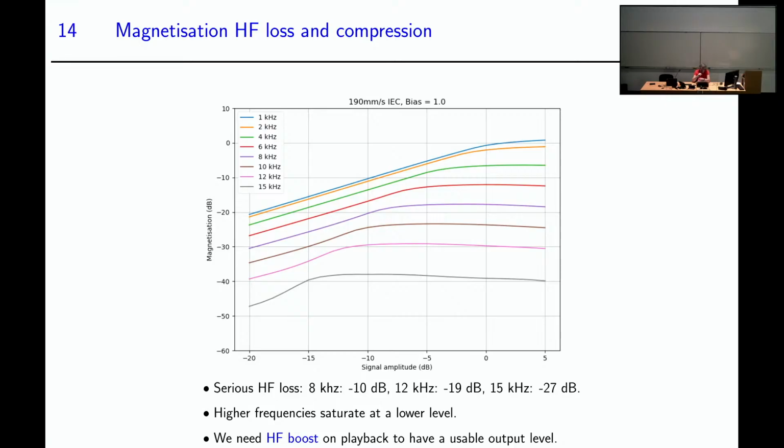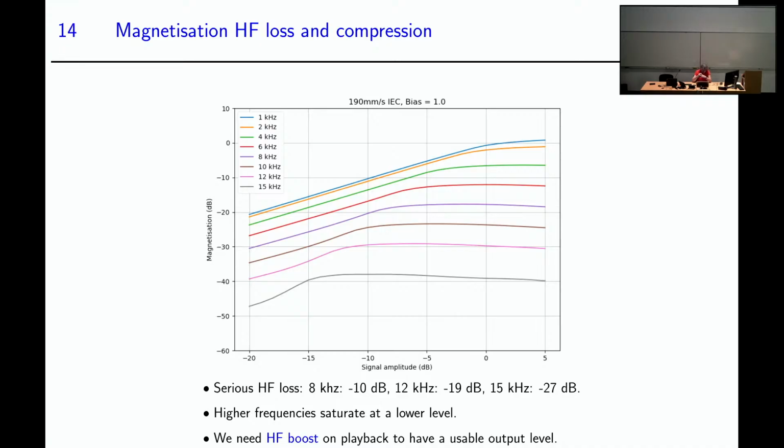And above 0 dB, it tends to saturate, so to compress. But if you look at the higher frequencies, even at low amplitudes, they are attenuated quite a lot. For example, the bottom one, which is 15 kilohertz, is about 27 dB below. So we will need to equalize that.